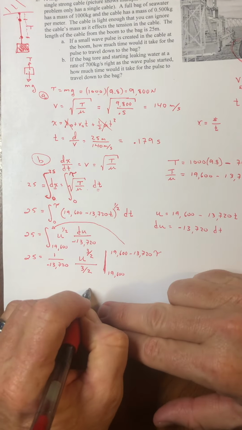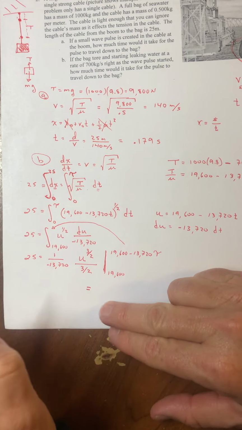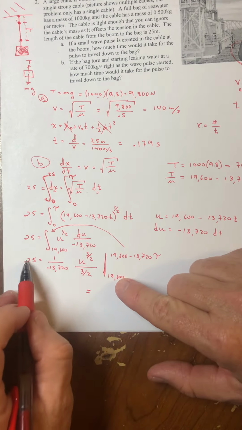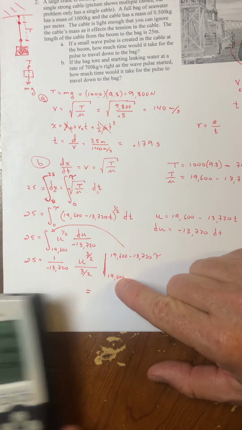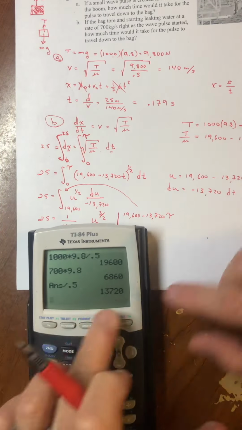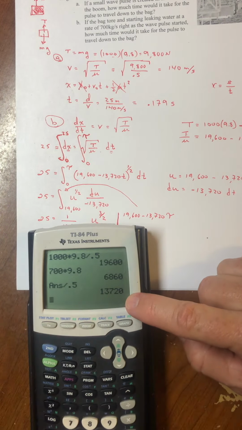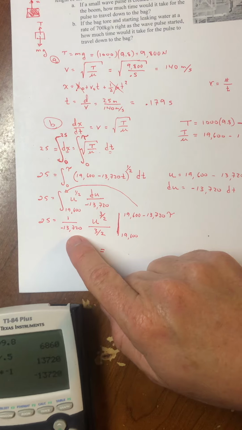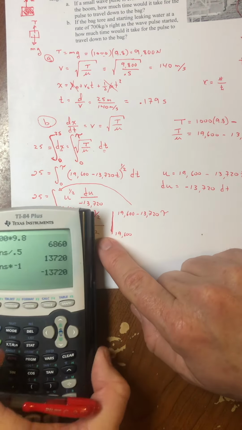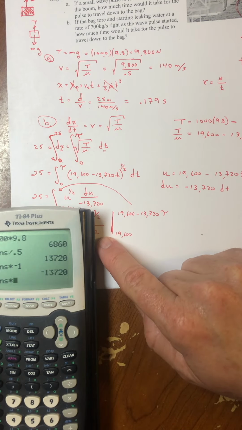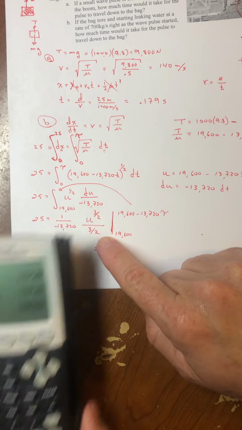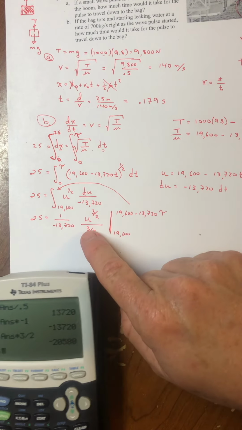Maybe to save myself a little bit of calculator work, I'll put that together with that and that. In my calculator here, I already have 13,000. If I multiply by -1, there's the negative. Now if I multiply that by 3/2, that's all the stuff in the denominator.